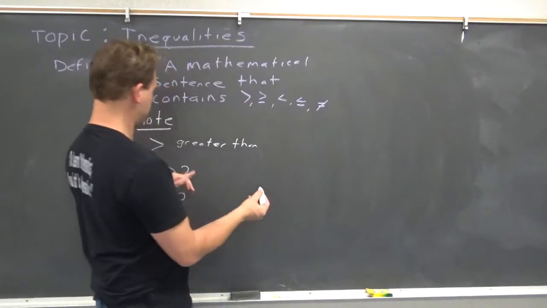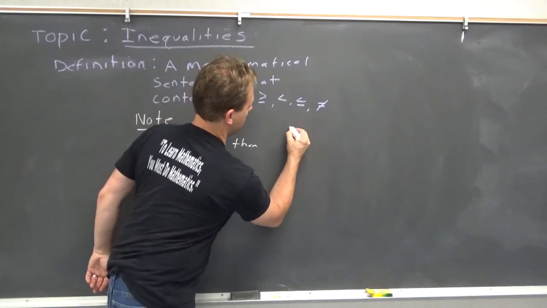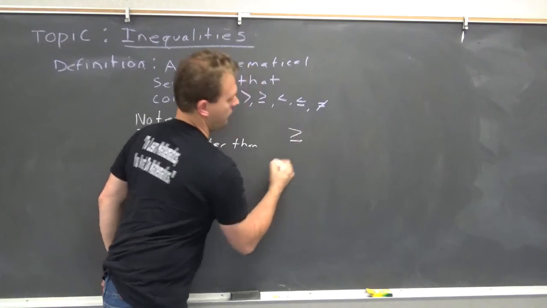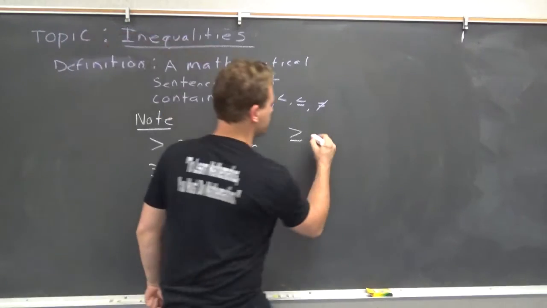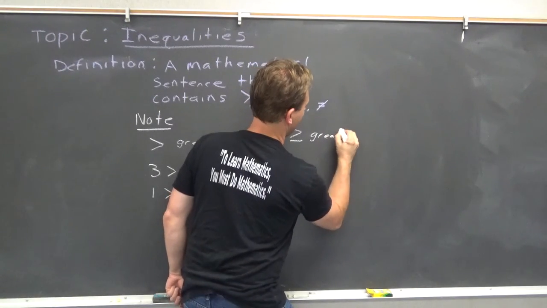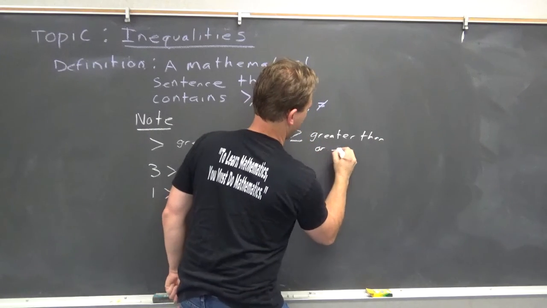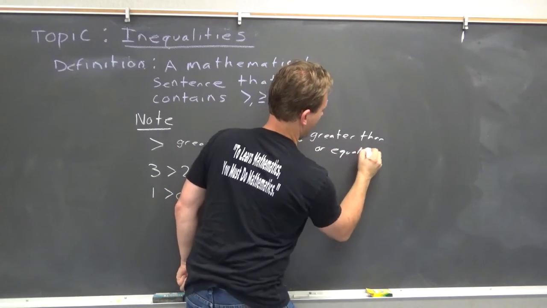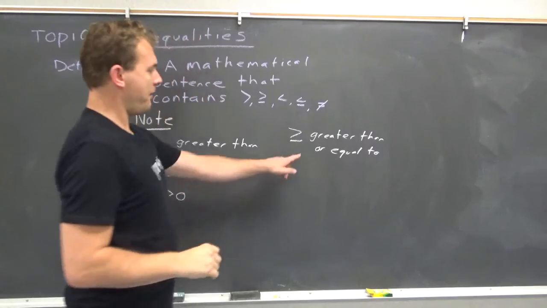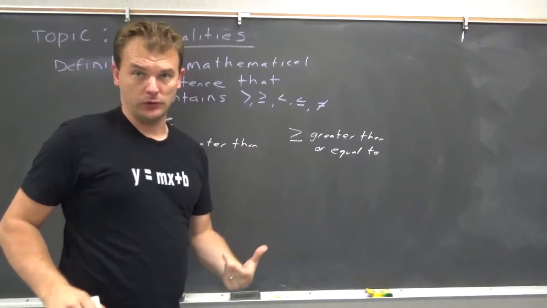Well, what if it's like this? Greater than with a line under it. So this is greater than or equal to. That means that this is equal to.